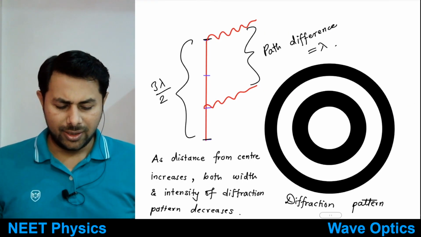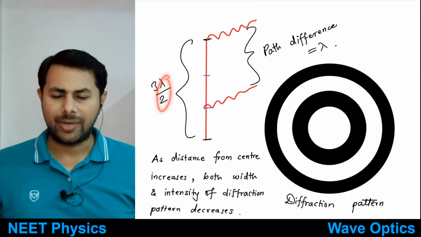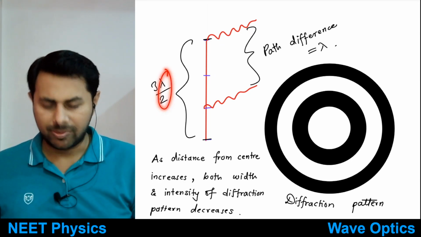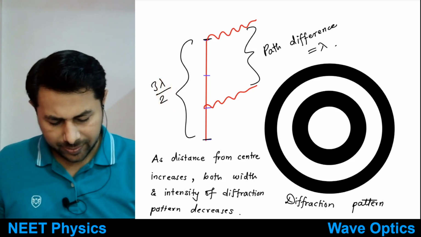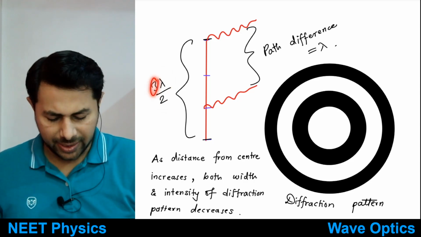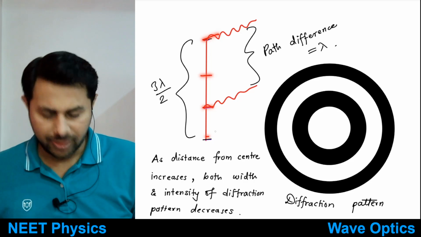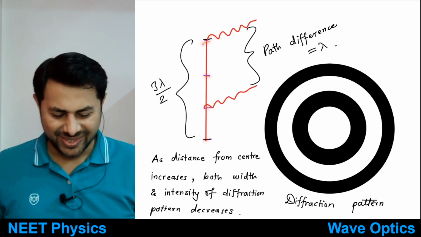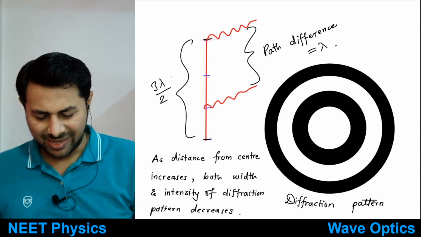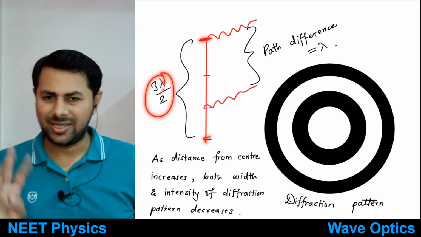Now let's see what happens for an odd integer multiple of lambda by 2. So if it is, let's say, 3 lambda by 2, then you can imagine the slit to be divided into 3 equal parts. The path difference between this edge and this edge is 3 lambda by 2.